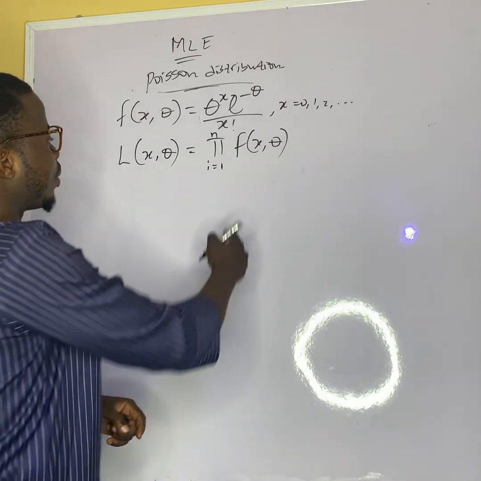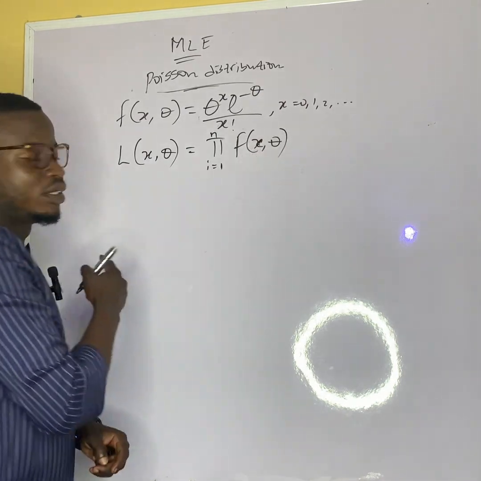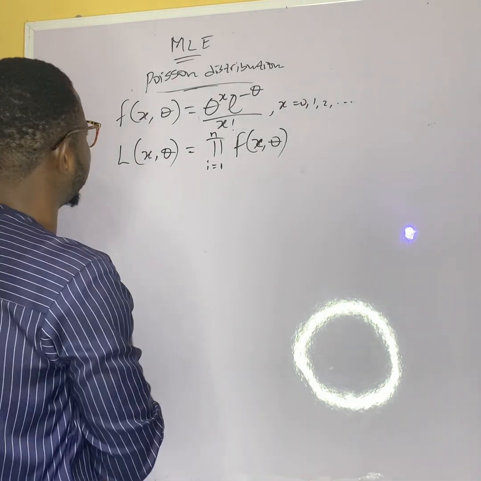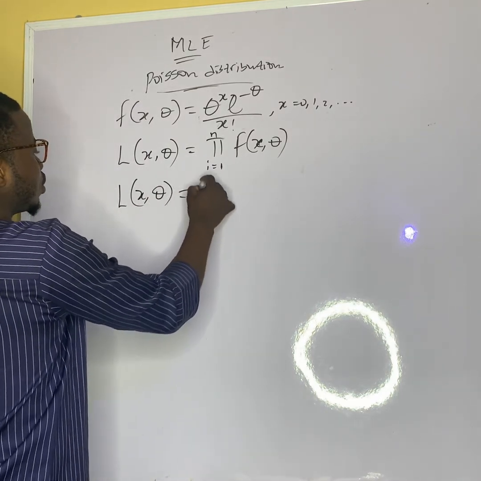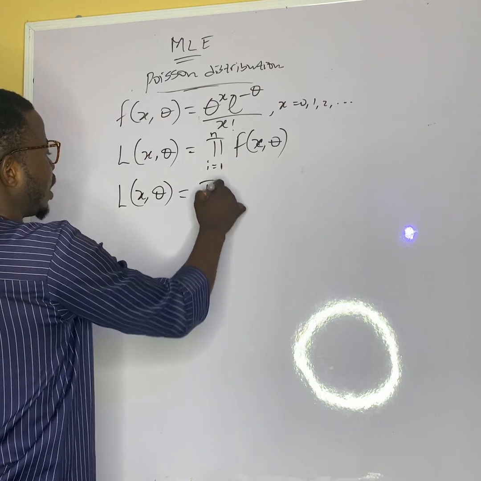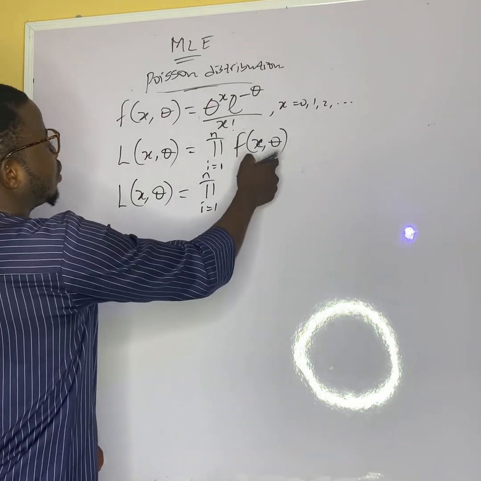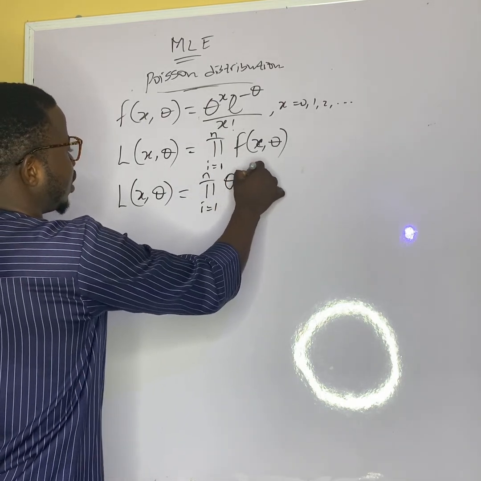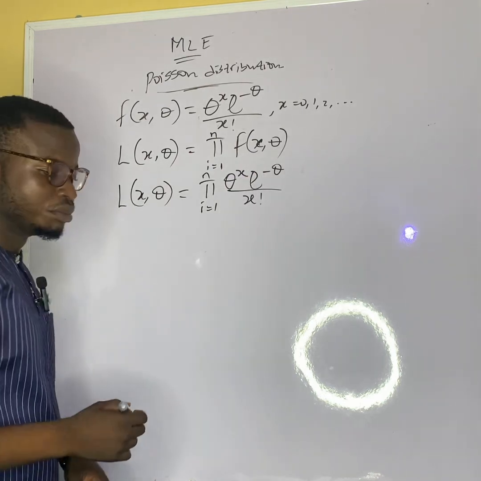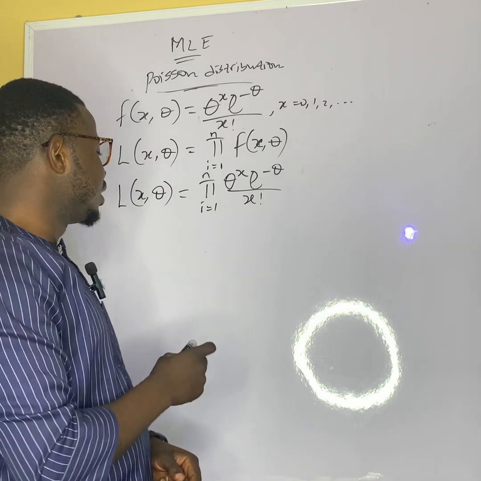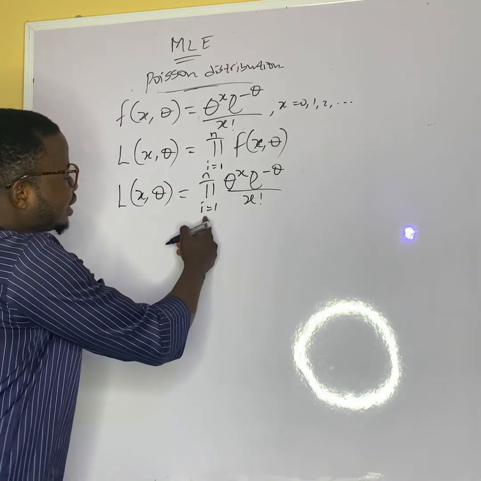In this case, our f of x comma theta is the PDF of the Poisson distribution. So L of x comma theta equals the product from i equals 1 up to n of theta raised to the power x, exponential minus theta, over x factorial.